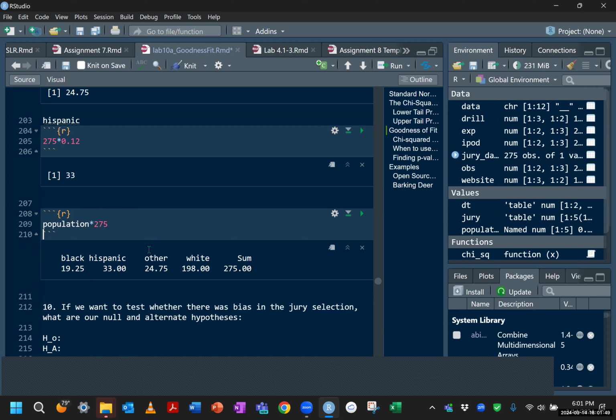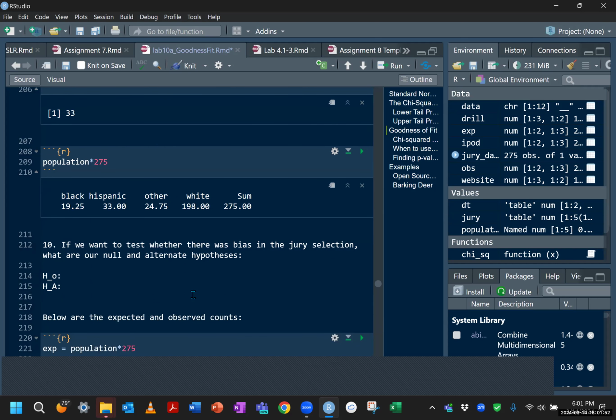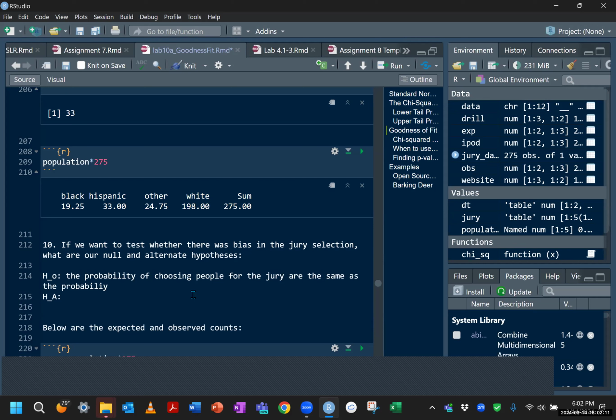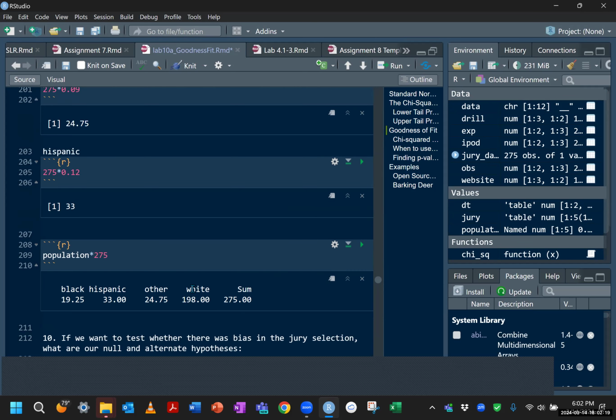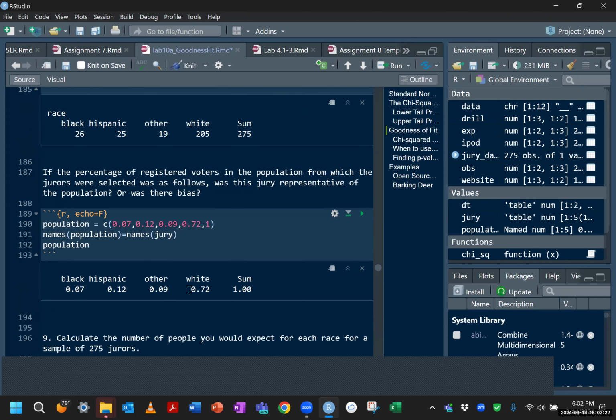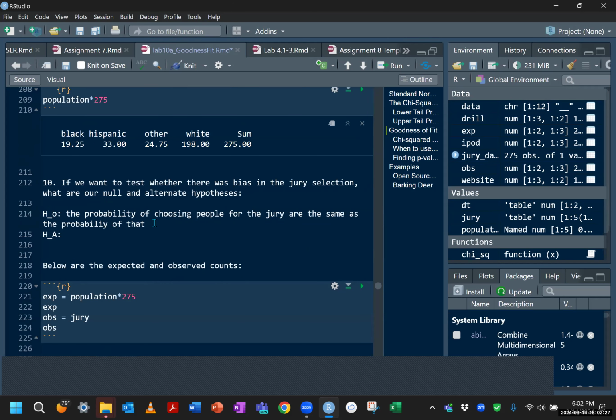So we're going to use those now. Okay. So what are we going to test? We're going to test the hypothesis that the probabilities of choosing people for the jury are the same as the distribution of that city, what the census information says, the same as the proportion of registered jurors.